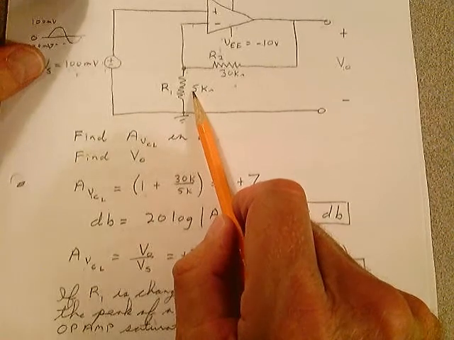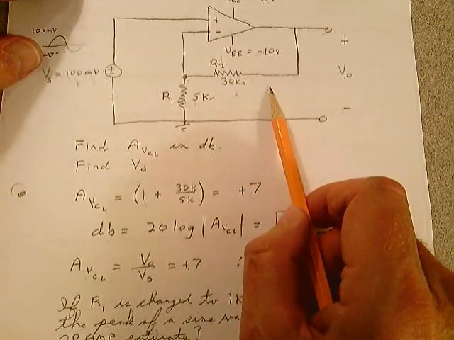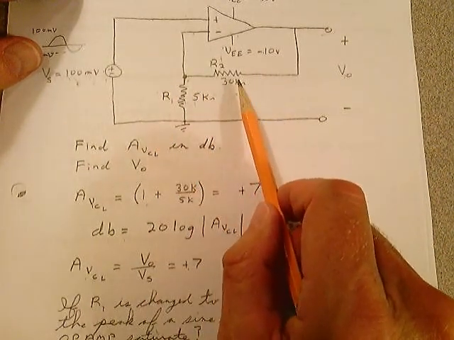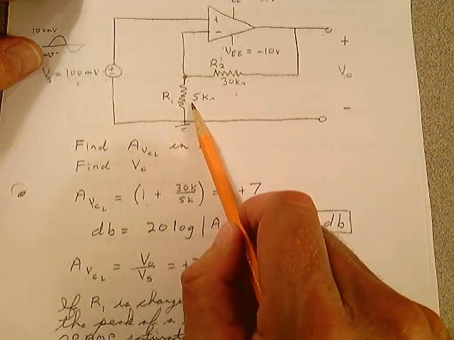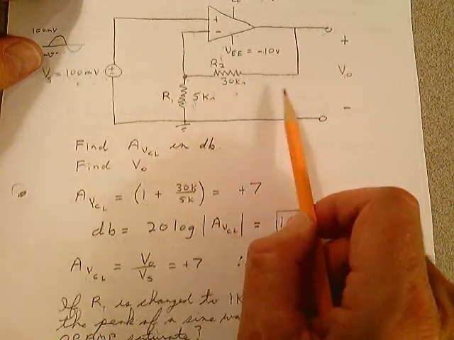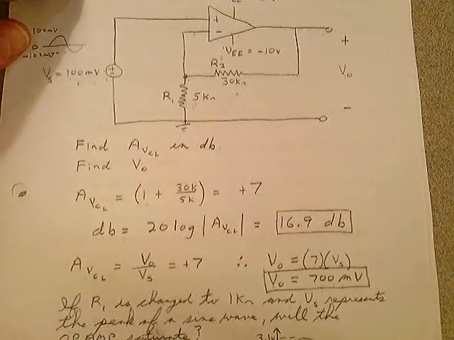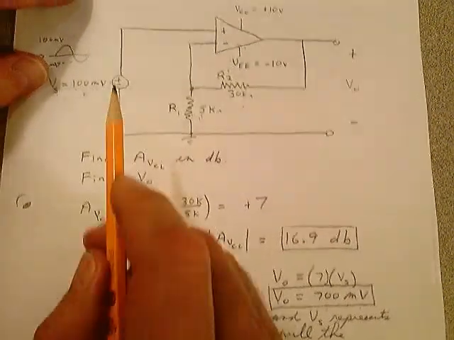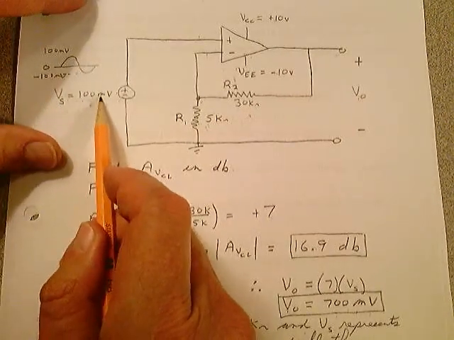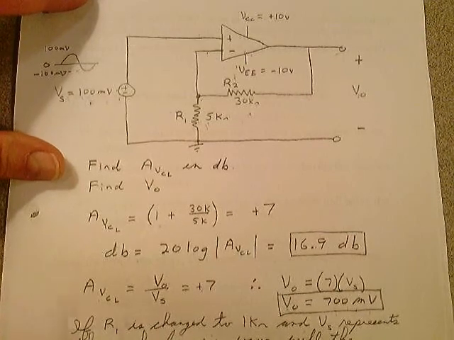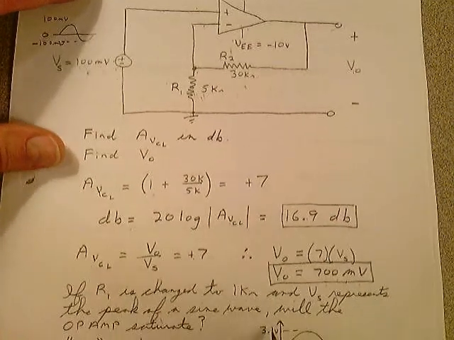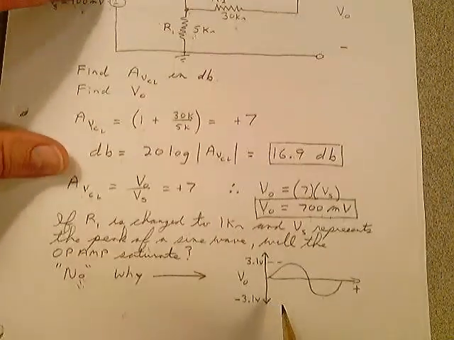If this is a 1K resistor, the gain of this circuit is 1 plus 30K over 1K. That's 1 plus 30. That's the gain of 31. And if you take 100 millivolts times 31, you get 3,100 millivolts.